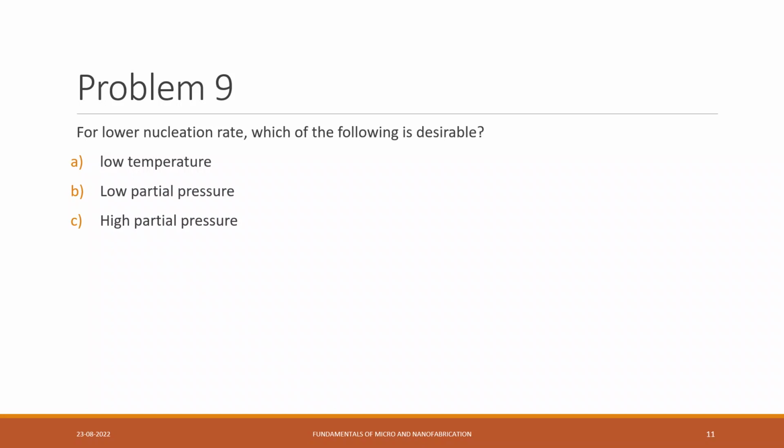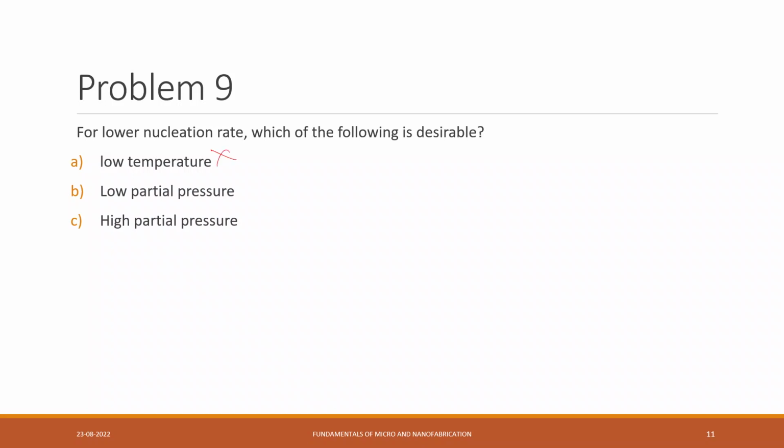For nucleation to happen, we need to lower the temperature beyond its melting point. So if we increase the temperature, it should lead to a lower nucleation rate. So low temperature would be favoring nucleation. So this is not good.